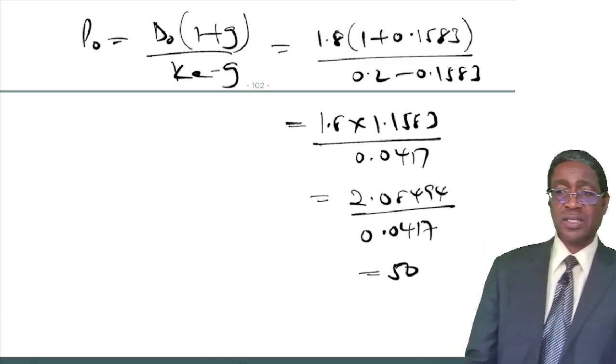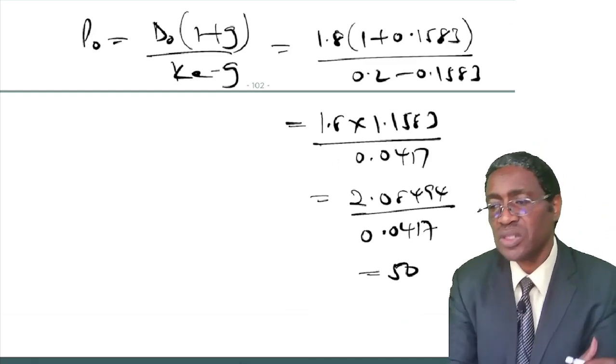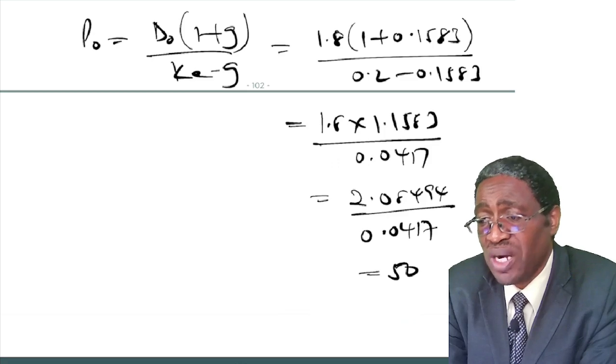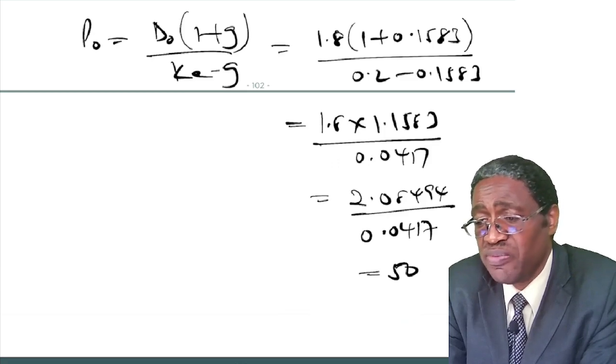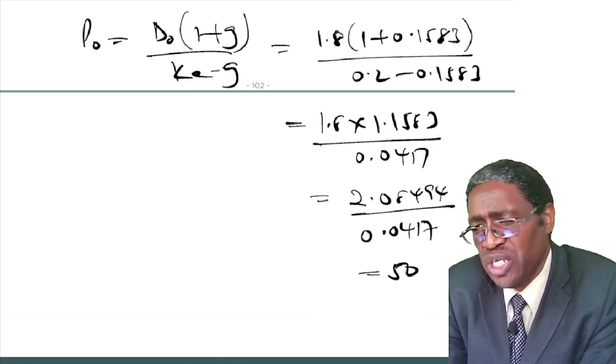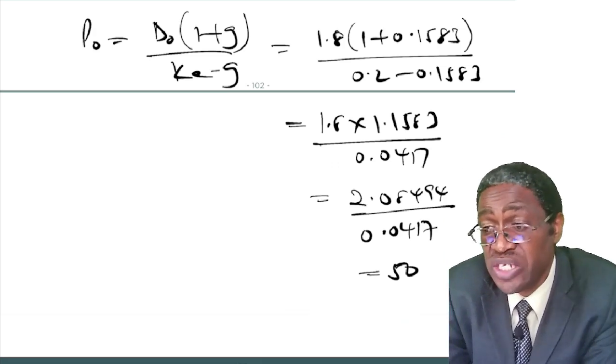Okay? Don't forget, they're asking you to advise the company or the investor. Let's go back and see what advice they are asking we give. Now that we know the true value of the share is 50, that is what I said is also called the intrinsic value.